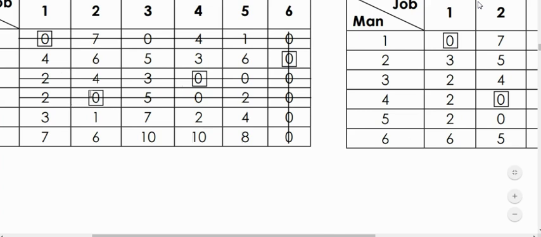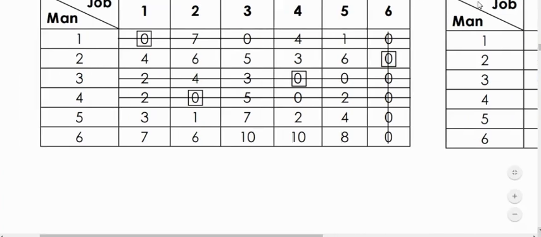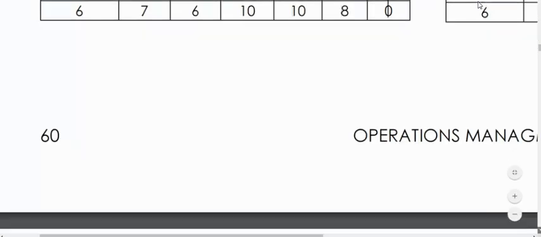Again in row 2, again in column 2, I got a square in row 4. So I have to again make that square. Whatever allocation, the 4 allocations I had done so far, all those 4 allocations again have to be placed on this new table. Now what would we do after this?